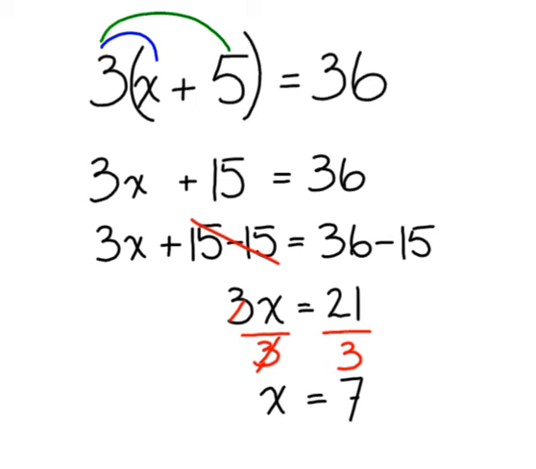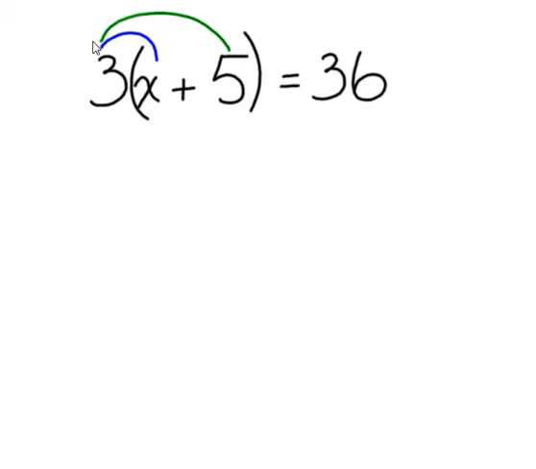Now I want to solve this equation again, but this time I don't want to use the distributive property, just so you can see what happens. We're going to go all the way back and start again, but this time we're not going to distribute.